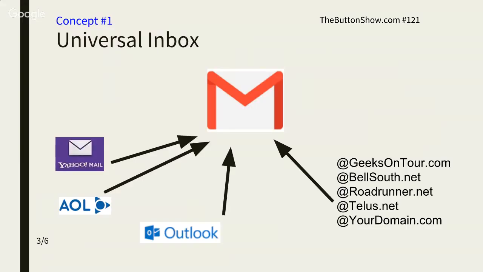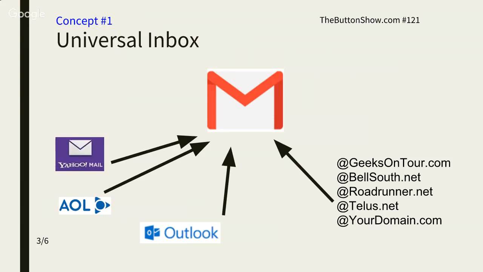Universal inbox. This is concept number 1. Gmail is the inbox. It can collect your email from other systems. It can collect all of your Yahoo mail, your AOL, your Outlook, or your personal website.